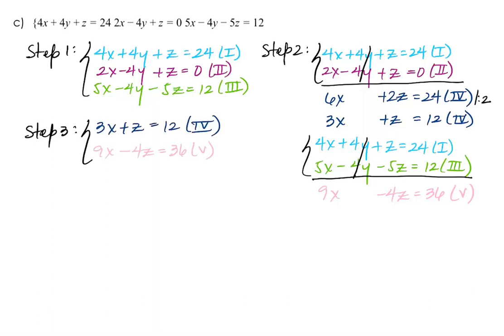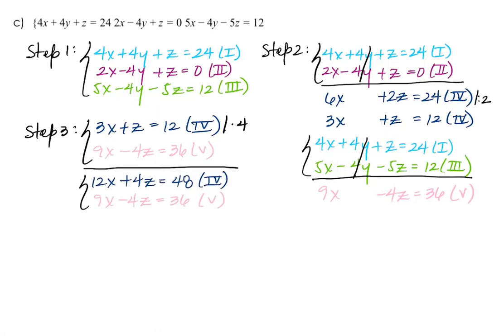But first, we have to transform equation number 4 by multiplying it times 4. Once we've done that, we can eliminate our z's, and what's left of the equation is 21x equals 84. We can solve for x, and x equals 4.